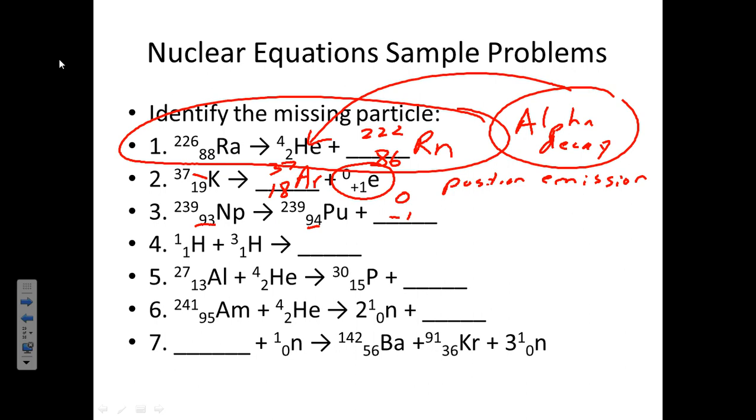Whenever you get a -1 charge, that's going to be a beta particle, which we could write as beta. Or we could just put an e there, because a beta particle is essentially just an electron being shot out at a really high speed. It's when a neutron over here in neptunium broke apart and shot out its electron, and essentially what was left was an extra proton. But again, that's beta decay.